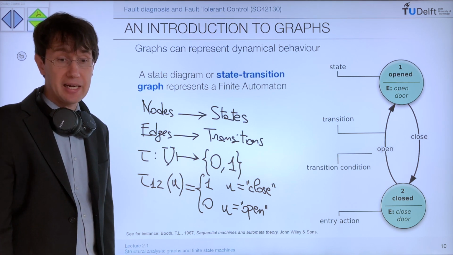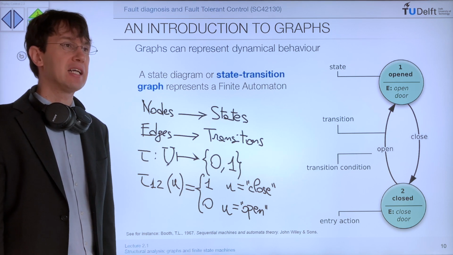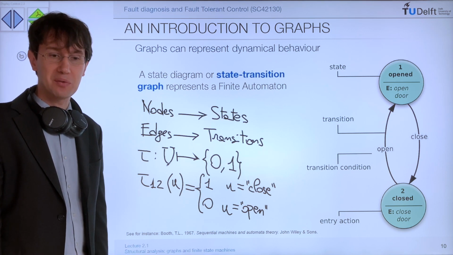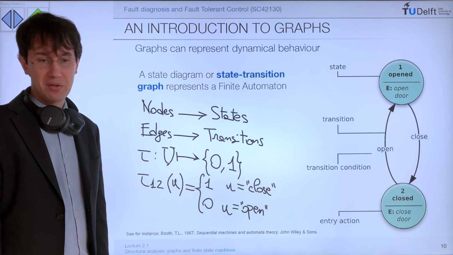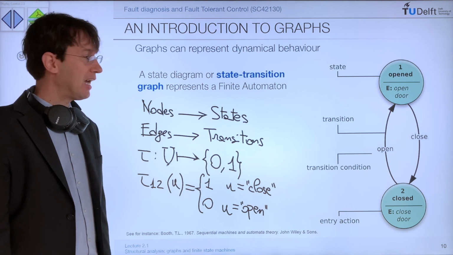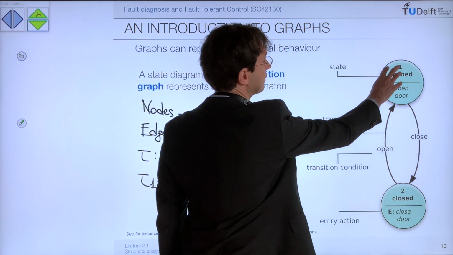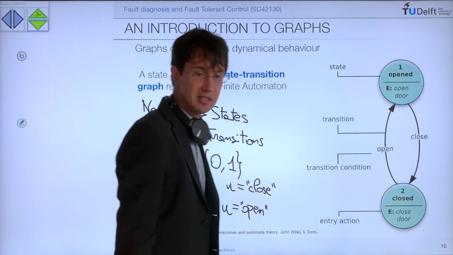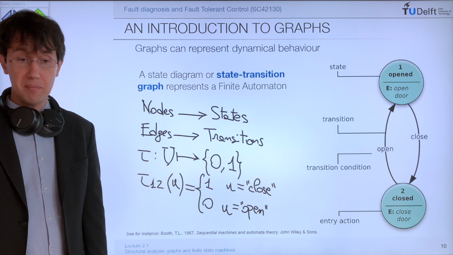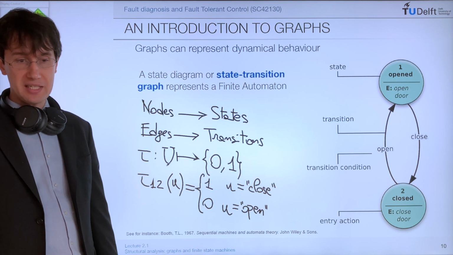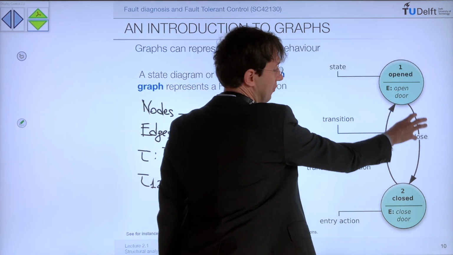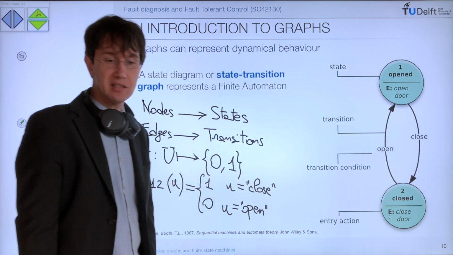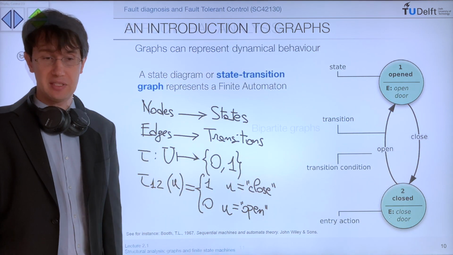For instance, I can have a system providing measurements to a control system. You have the normal behavior when all the sensors are working, and then the measurement is provided with high accuracy. But then, if one of the sensors is breaking down, you move to another condition where the measurement is provided, for instance, with less accuracy.